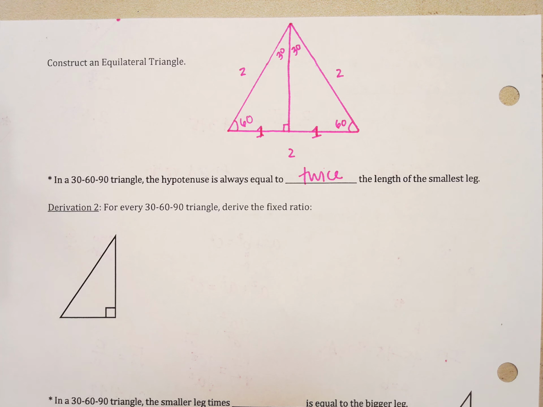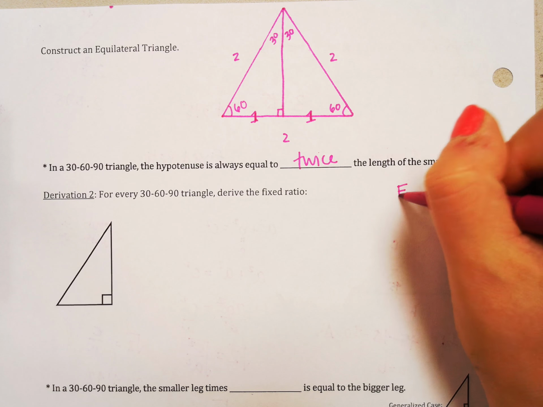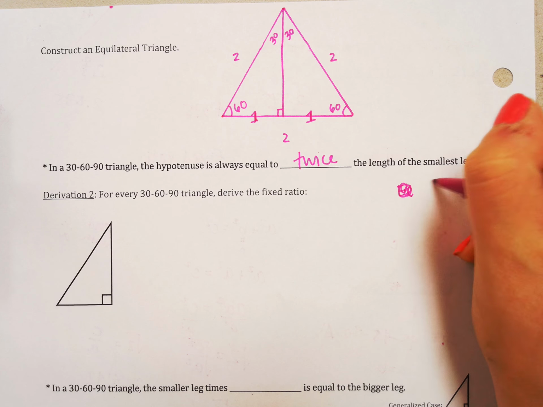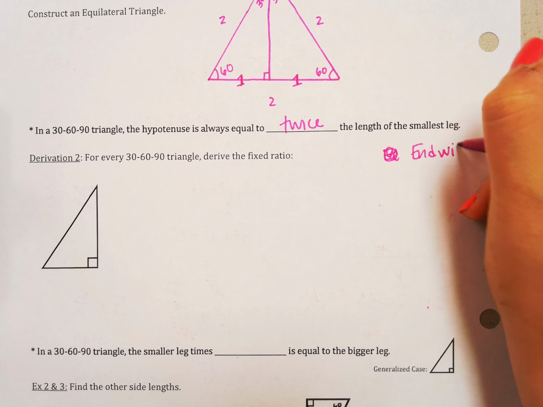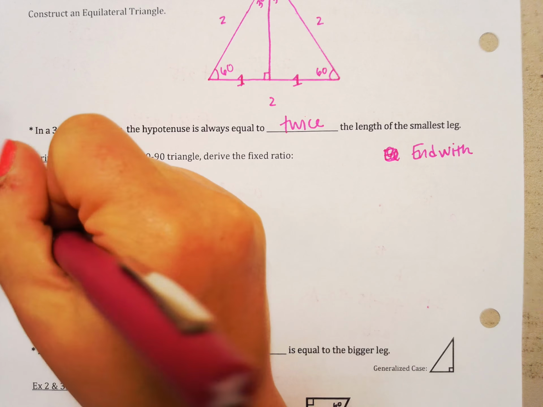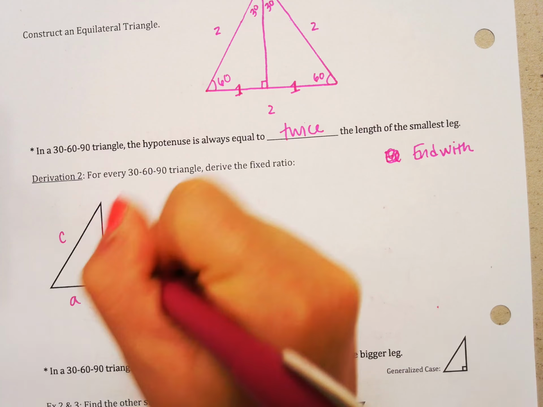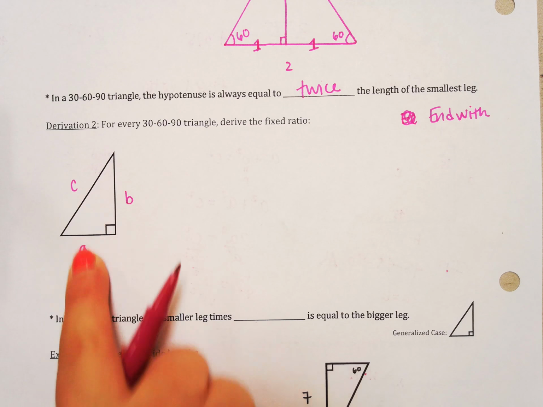Now I'm going to tell you where we're going to try to end here. We're going to try to end with, again, some sort of ratio. But for this one, we already know one of the special relationships that we have. So if, again, we label our triangle as A, B, and C, I know that these relationships are true.